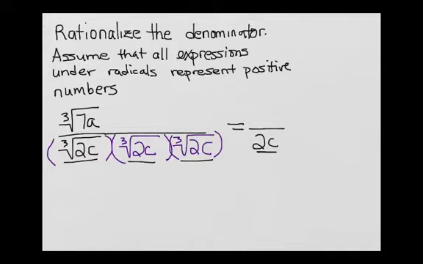But we can't just multiply the denominator, we also need to multiply the numerator by those factors. So let's write those factors in, the cube root of 2c and the cube root of 2c.